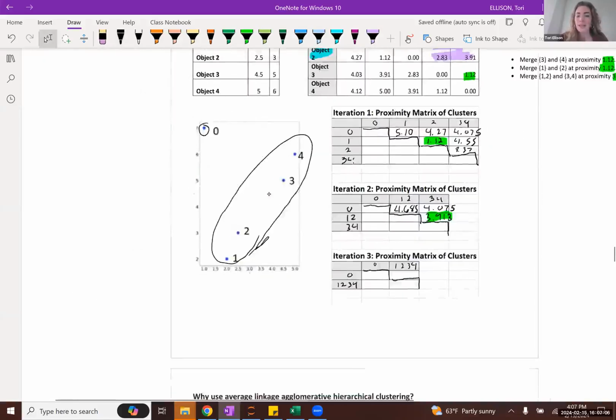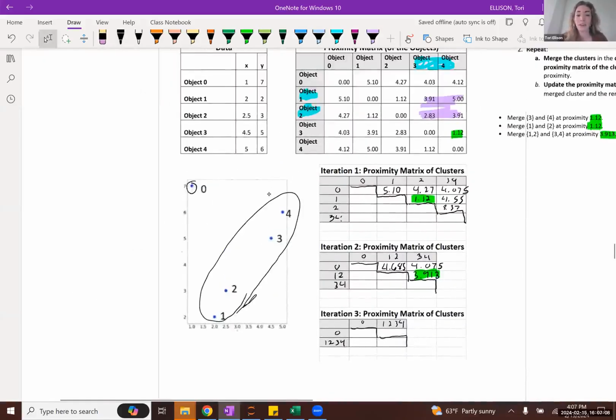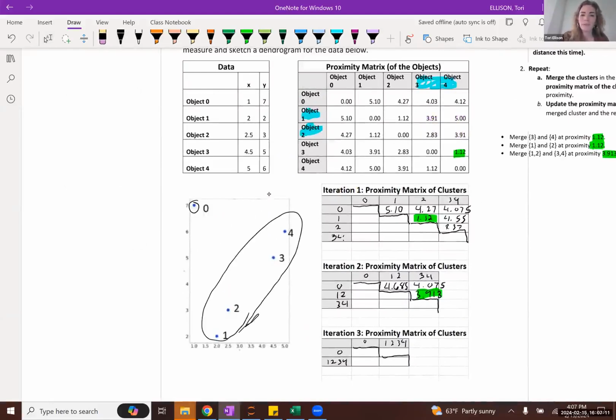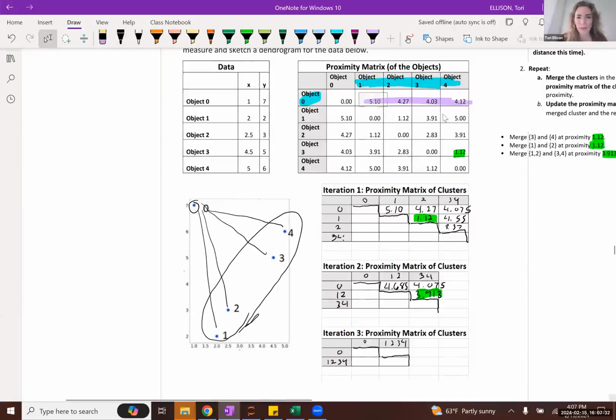All right. And last but not least, we now need to find the proximity between cluster 0 and cluster 1, 2, 3, 4. Okay. So that means we calculate the average distance between all pairs of points in these two clusters here, or calculate the average of this distance here. And so what we get is an average distance of 4.36.